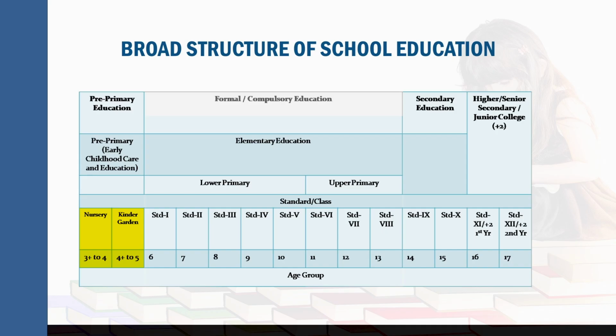Regarding age, at the age of 3 plus one can take admission in nursery. So from 3 plus to 4, the child continues in the nursery class, and further from 4 plus to 5, the child continues in the kindergarten class. That's why these 2 classes are included in pre-primary education.